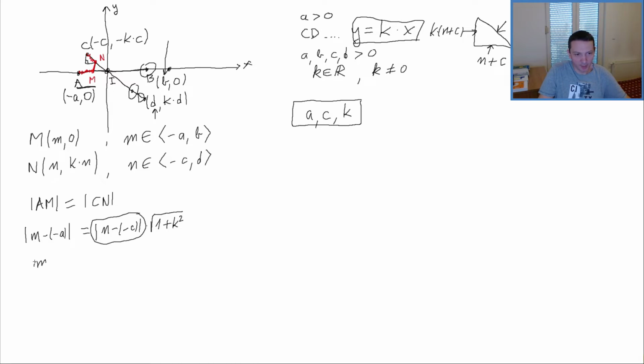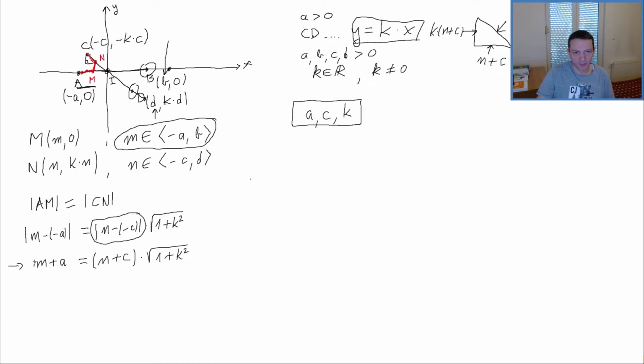This is m plus a, and we don't need absolute value because of this condition. Actually here this will be positive, and also on the right side we have n plus c times square root of 1 plus k squared. Okay, we shall need this condition later. This condition should always be satisfied.